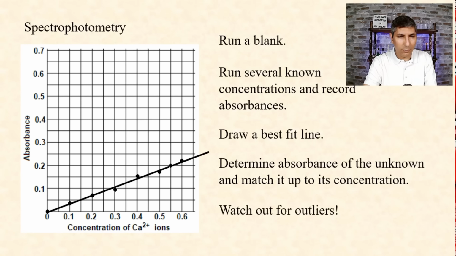Now, one thing you want to be careful about is outliers. Occasionally they'll ask you a question about outliers. If we have a dot like this one right here that's a little bit too high, that most likely means that the sample got contaminated with a concentration that was too high.